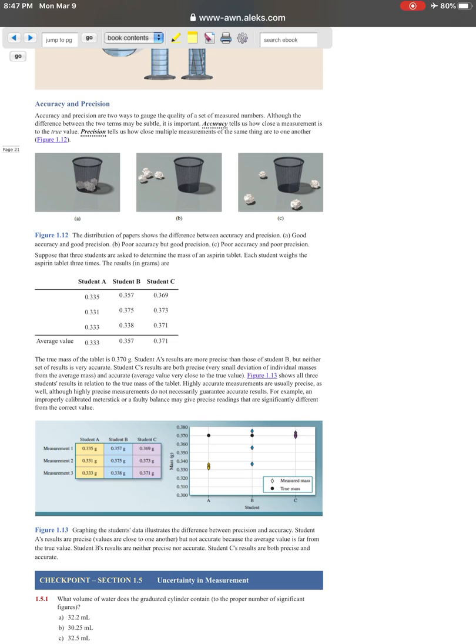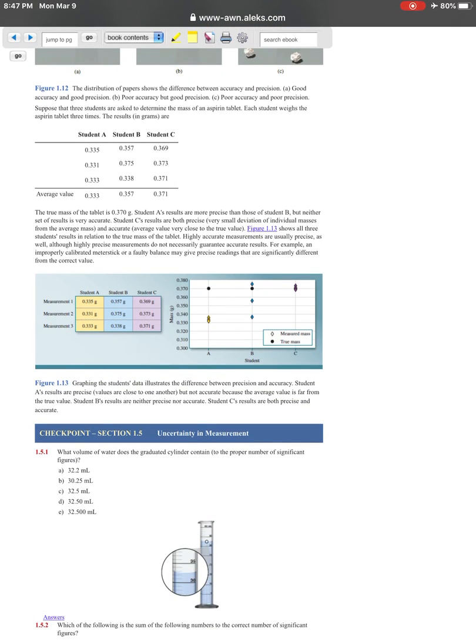So this comes up as an issue because sometimes we make multiple measurements of the same thing. If you send a medical sample, like a blood test, to the lab, they might only measure it once, but they might measure it 2 or 3 times and just see if they get the same answer. So imagine that 3 students are making some measurement. It's not telling you what they are here, but they're making 3 measurements.